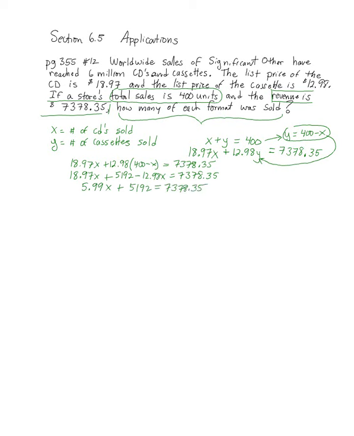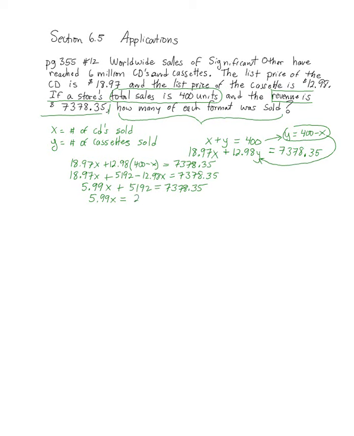7378.35. Subtract the 5192, I'm going to have 5.99X is 7378.35 minus 5192. Oops, screwed that up. Let me try it again. 7378.35 minus 5192.